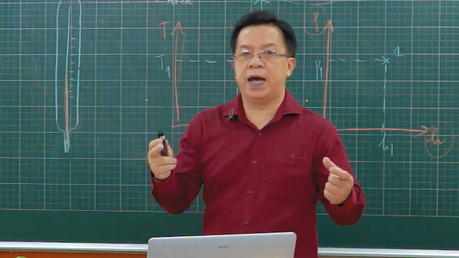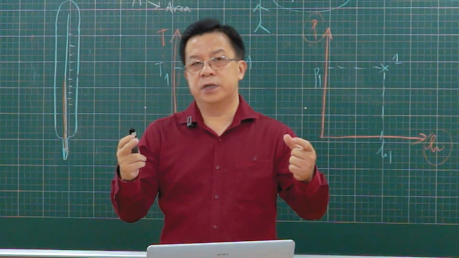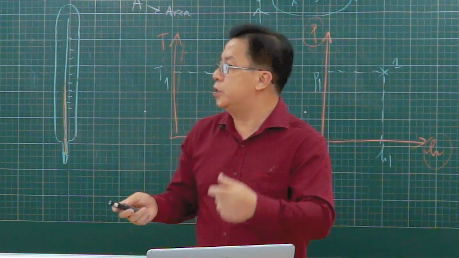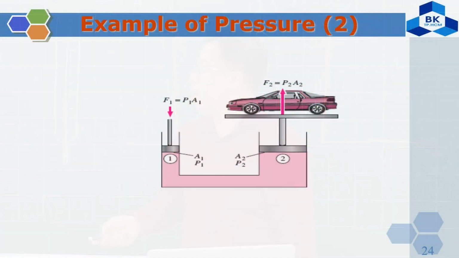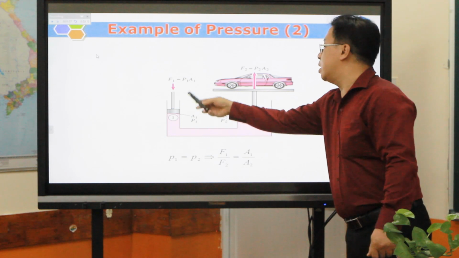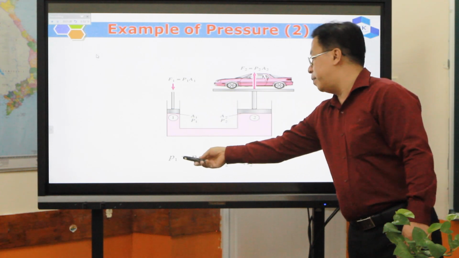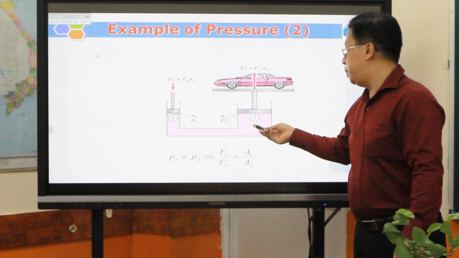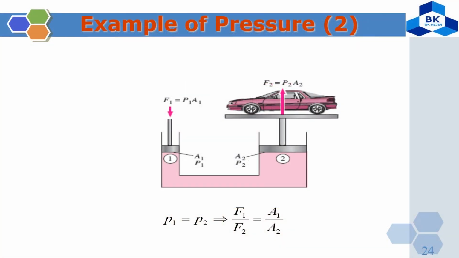It means we can provide a different force with the same pressure in order to lift up the car. So when P1 equals P2, we get F1 over F2 equal to A1 over A2. It means we have a proportion between A1 and A2 to make sure the pressure P1 equals P2 to lift up the car.